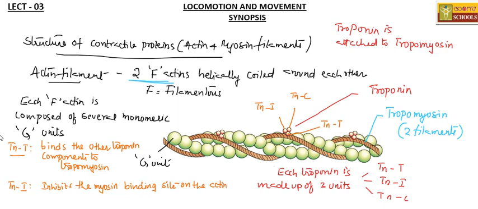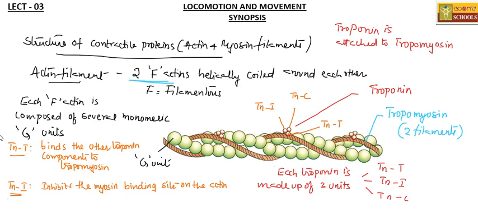So the I stands for inhibiting the myosin binding site on the actin. That is the function of TNI, whereas TNT stands for binding the troponin components to the tropomyosin.